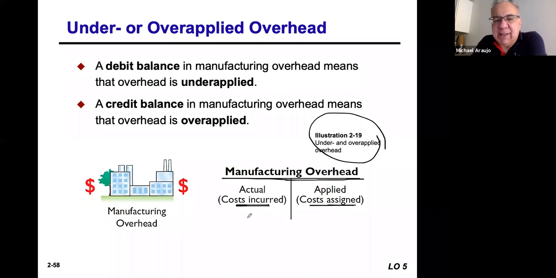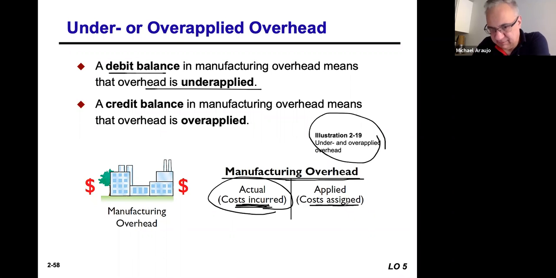The balance means that if you look at actual costs being bigger than applied costs, then a debit balance in manufacturing means that we didn't apply as much, right? We actually had a lot more costs incurred than we actually assigned. So our manufacturing overhead is smaller, which means our costs look smaller, which means our profit looks bigger.